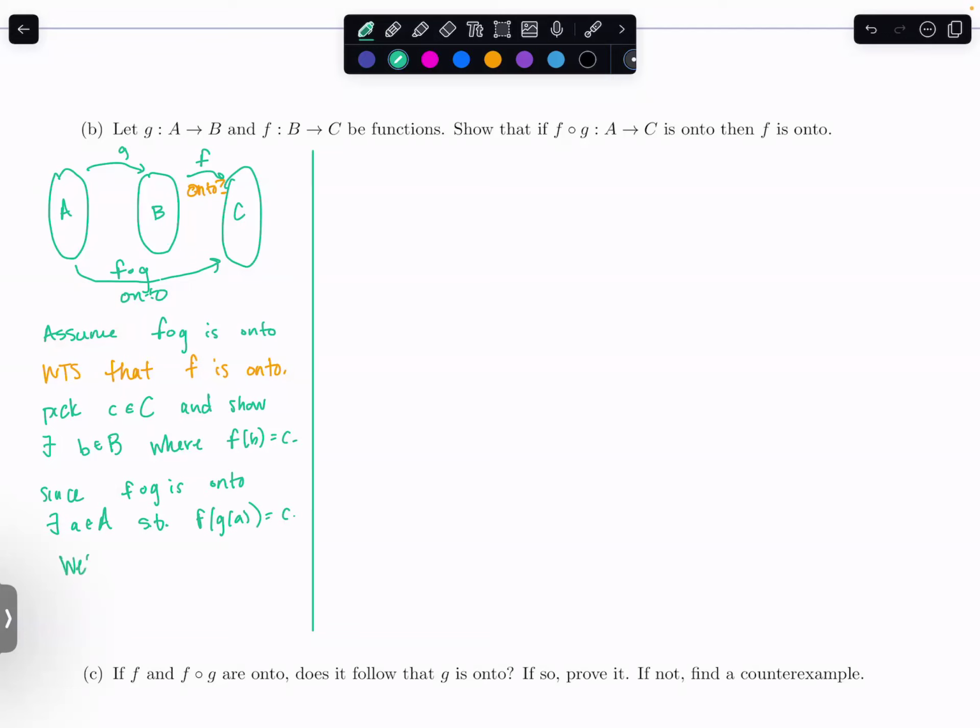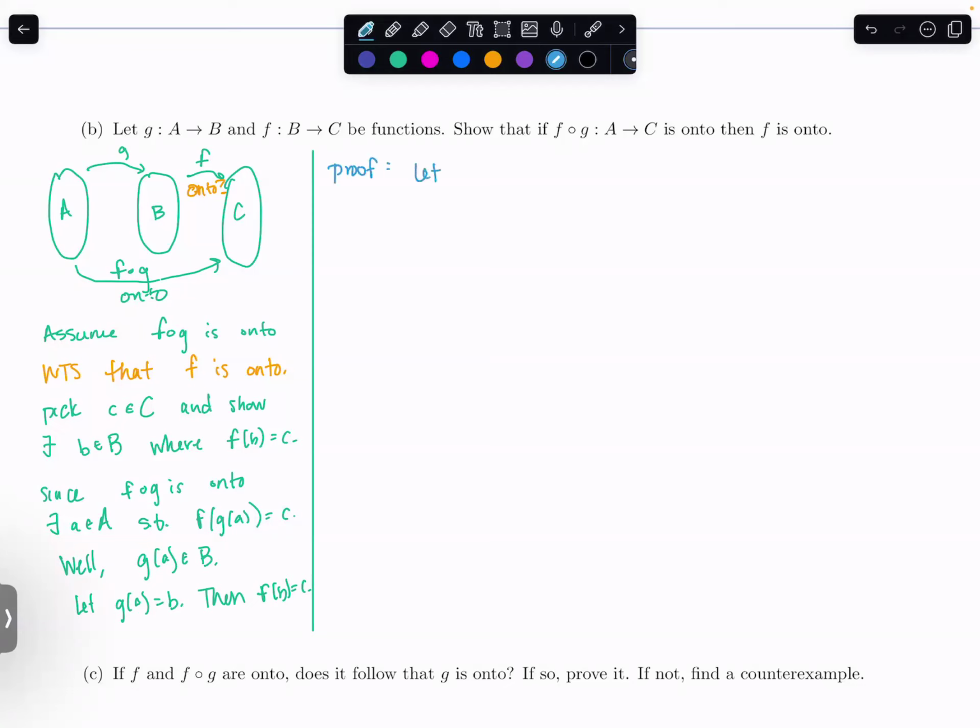Well, g of a is an element in B. So let g of a equal b, say. Then f of b equals c, and we did it.